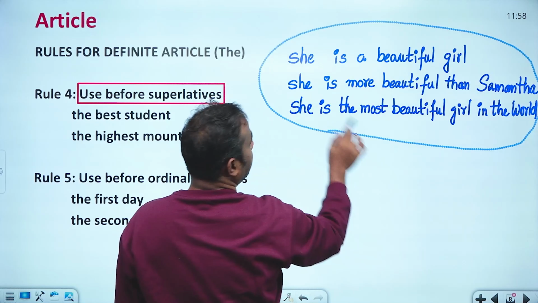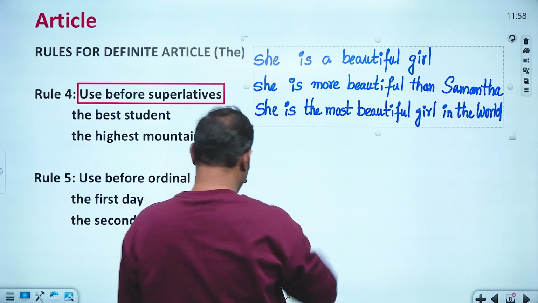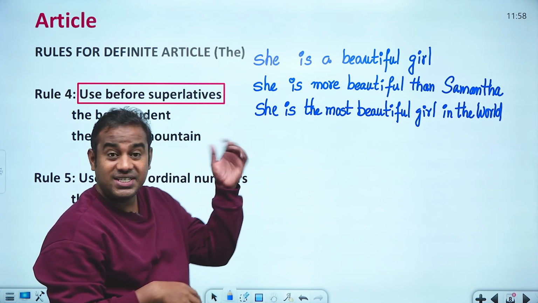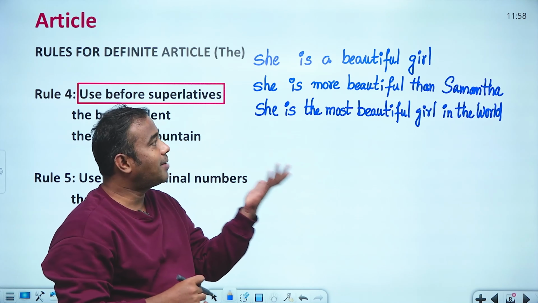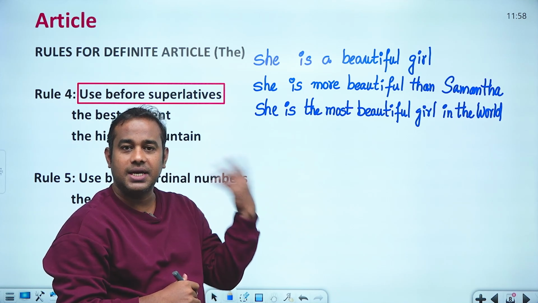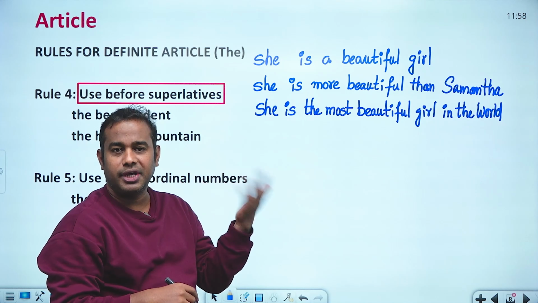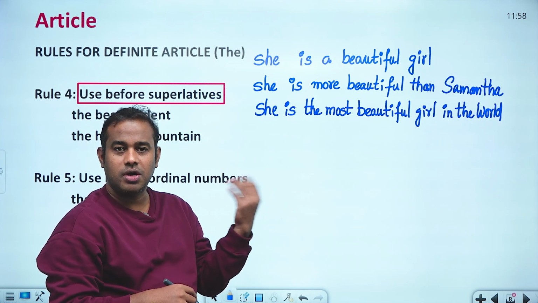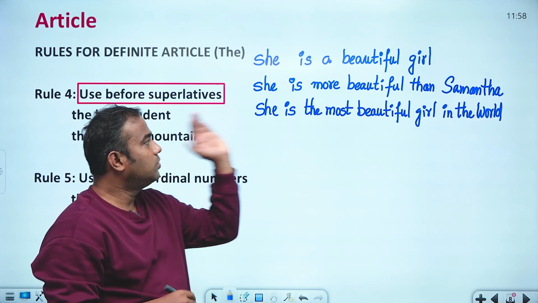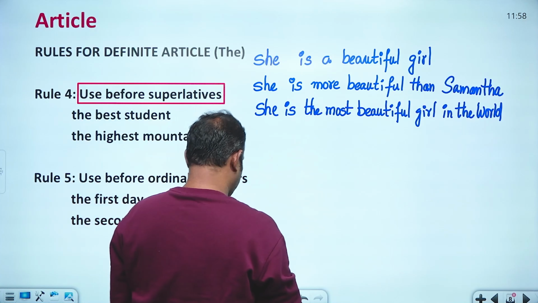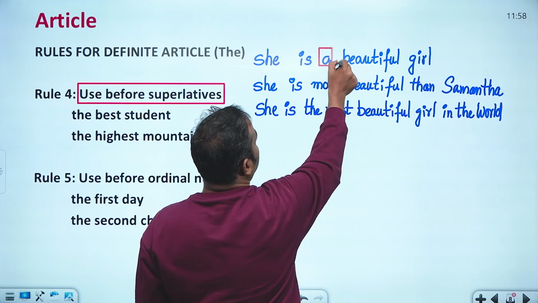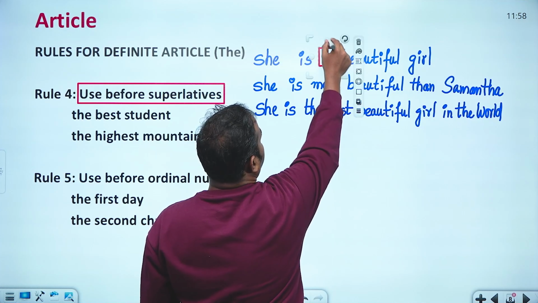Let us try to understand these three sentences. She is a beautiful girl. Since I am using it for the first time in any conversation, and it is a positive degree, you are expressing what you are feeling. So we have used a as an article.